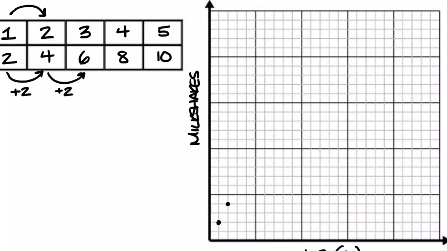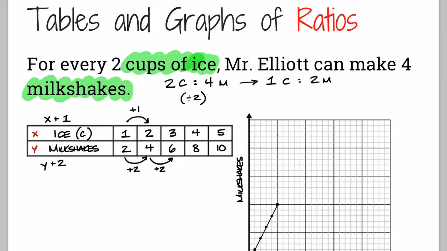Then I go 3, 6, 4, 8, and then 5, 10. Then I can make a line there. It should be pretty straight. And in fact, that line would just keep going. We've graphed the ratio.